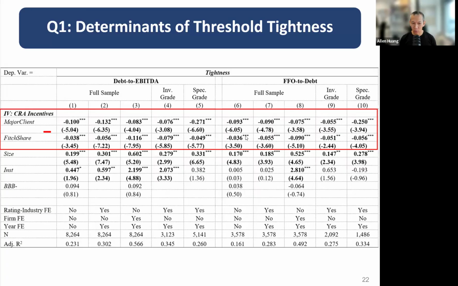I think my prior is that they take all information into consideration when determining their thresholds. So it's not a mechanical format where they determine the threshold regardless of what the current ratio is.